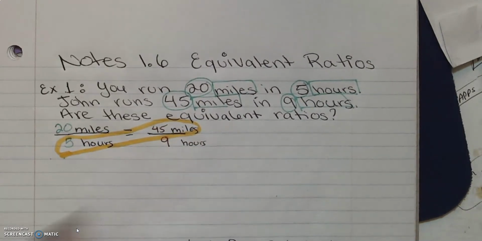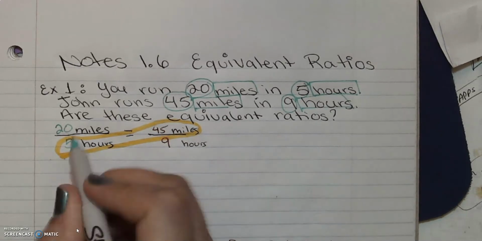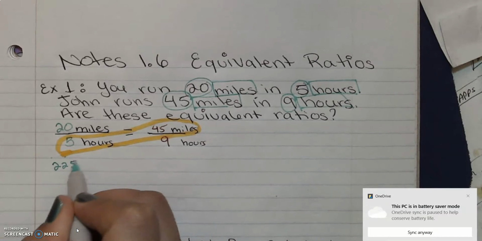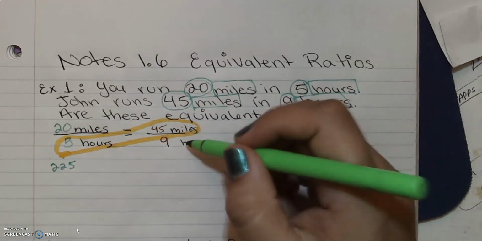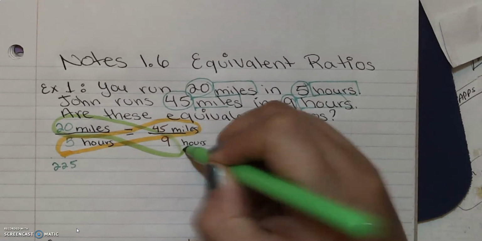Now, what is 5 times 45? This is actually going to give you 225. Then I'm going to get this information over here. I have 9, and I'm going to circle it with the other one.